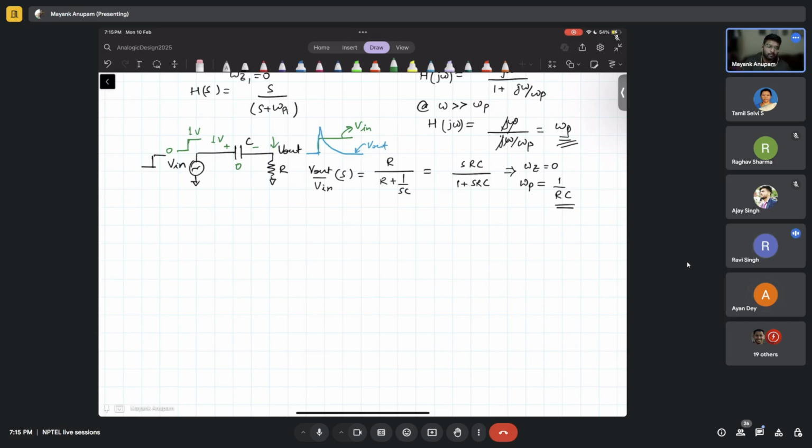It should also jump to 1 volt, right? Because the voltage across this capacitor was zero. So let's say this is VA and this is VB. VA minus VB was initially zero, so even immediately after the jump, VA minus VB should be equal to zero only, right?